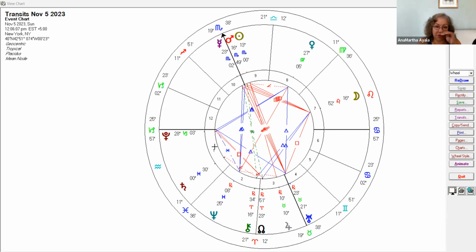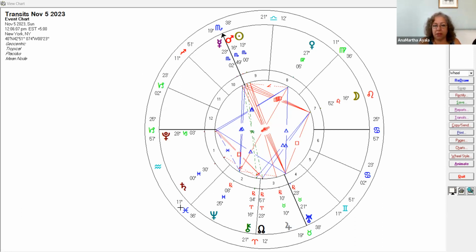Now, for the degree theory, we use the modern rulers, not the traditional rulers. I also look at traditional rulers once in a while to see if I can get additional information. But the ruler of Aquarius under the degree theory would be Uranus.